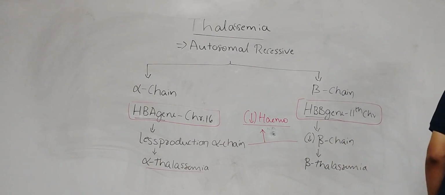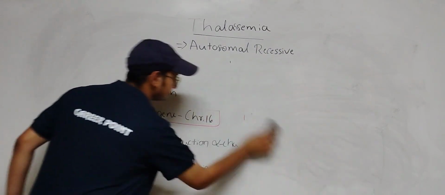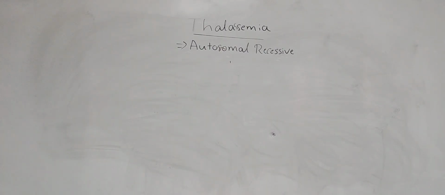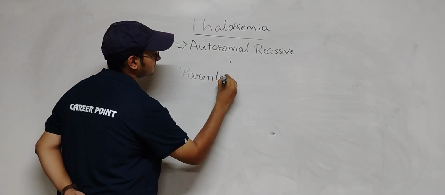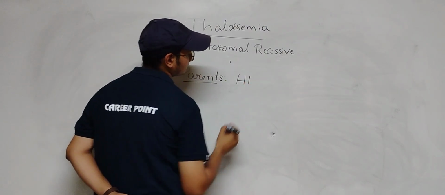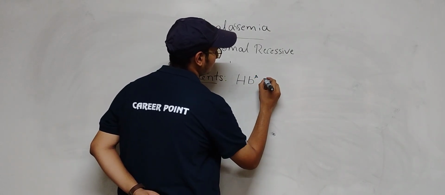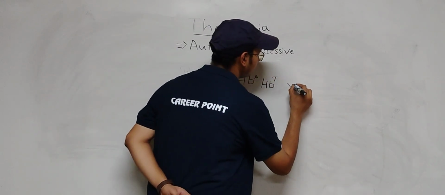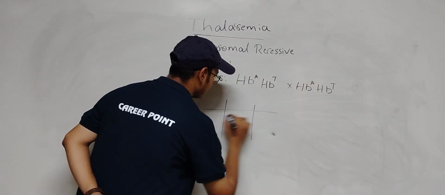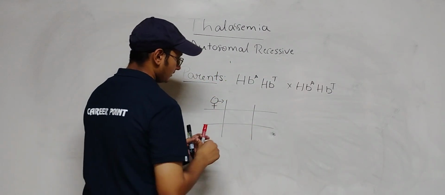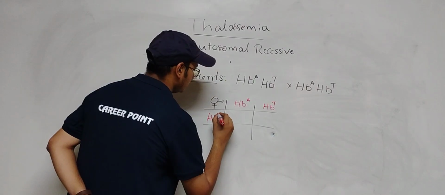So let's draw the Punnett square for this. Let's take the parents as carriers, HBA, HBD with HBA, HBD.